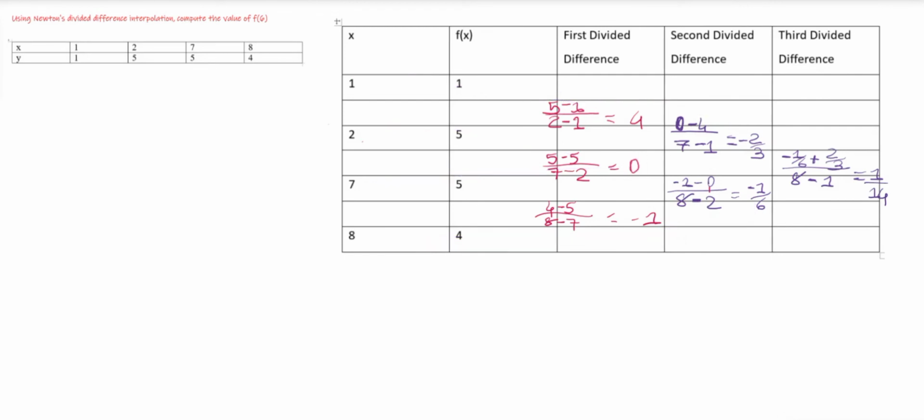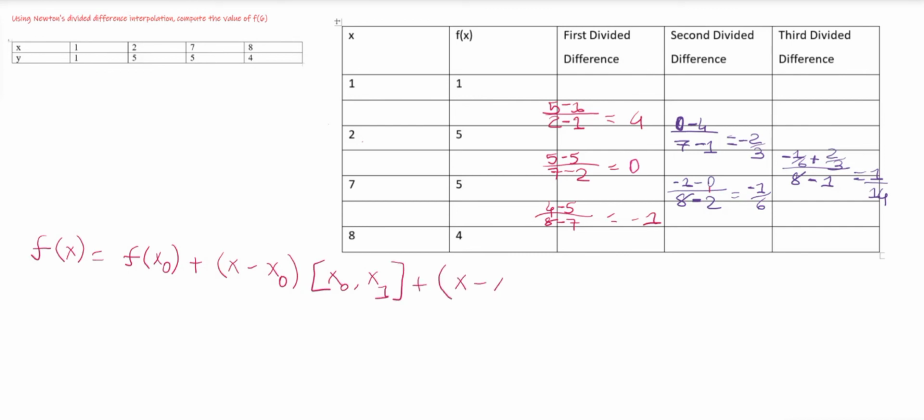Now we'll have to input all of these values in our formula. The formula is f of x is equal to f of x naught plus x minus x naught into, in the square brackets, x0 comma x1. Now here, what's this x0 comma x1?